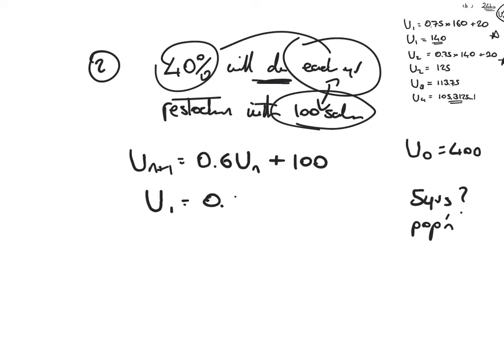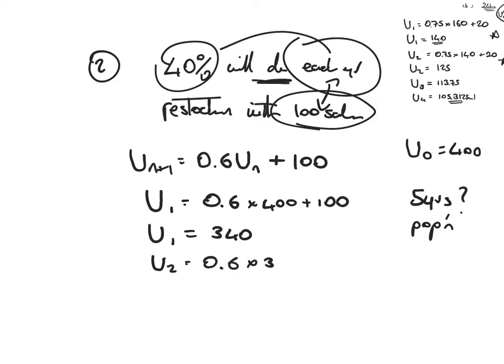So u_1 is equal to 0.6 lots of u_0, which is 400, plus 100. Okay, and that will give me 340. Okay, u_2 will be equal to 0.6 lots of, this time, 340, plus 100, which will give me 304.